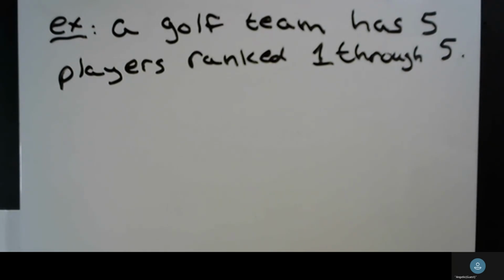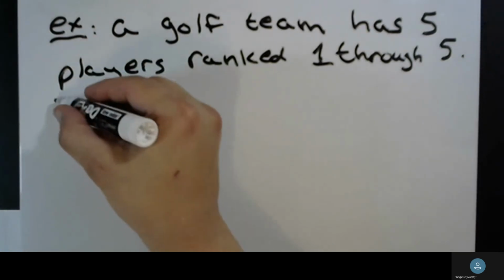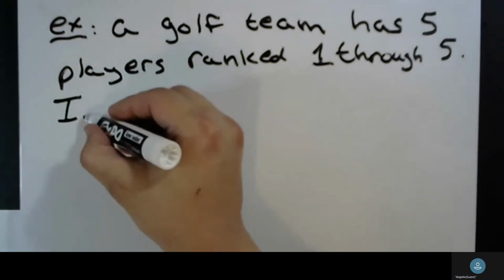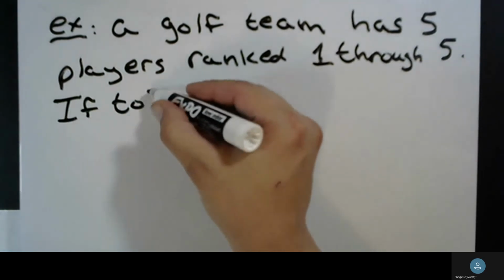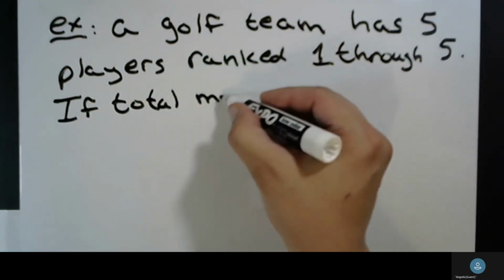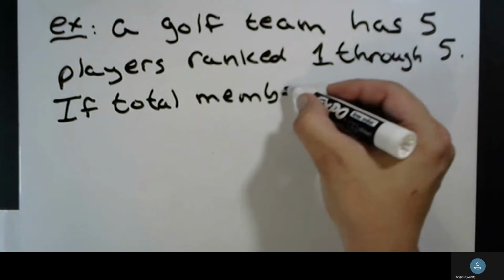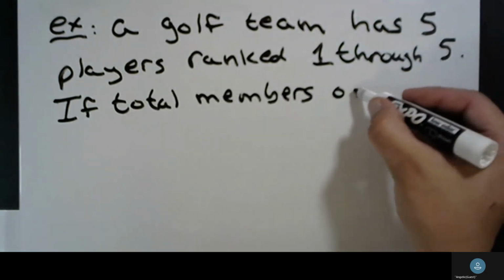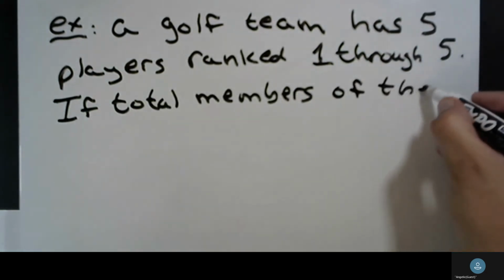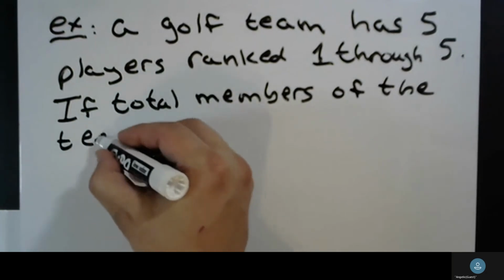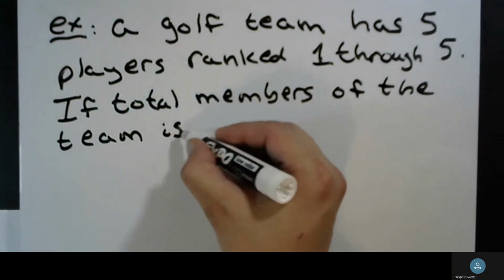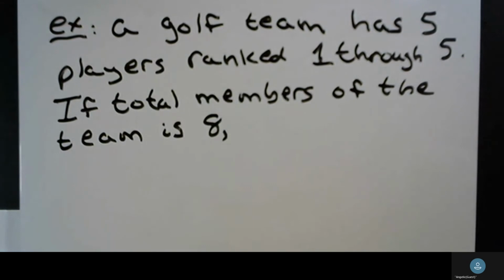Okay. Now, if the total members of the team is 8, so there's 8 players on this team, but 5 are going to be ranked 1 through 5, like the top 5, and they would be, I guess, the first pick for some competition.